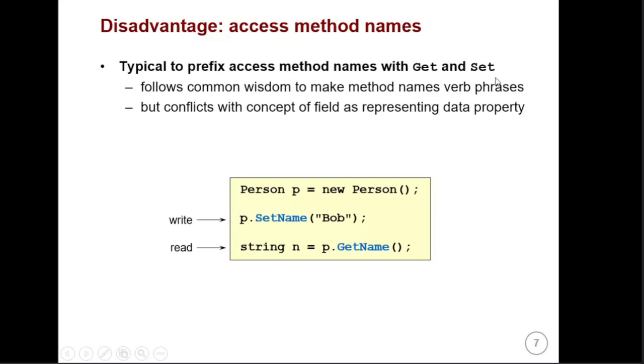Ang nakabati lang ani, kung mo gamit kag access method, is the way we represent our data in our code. Let's say, if you want to modify the attribute name of your object P, mutawag kag method.